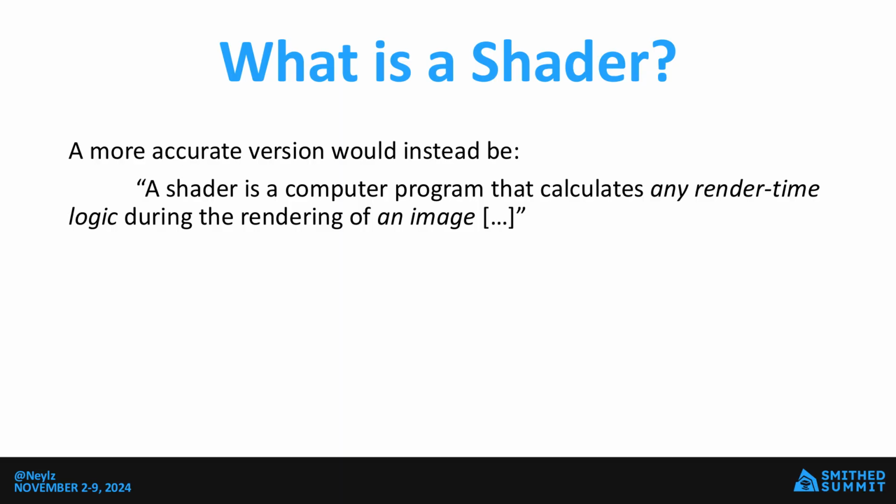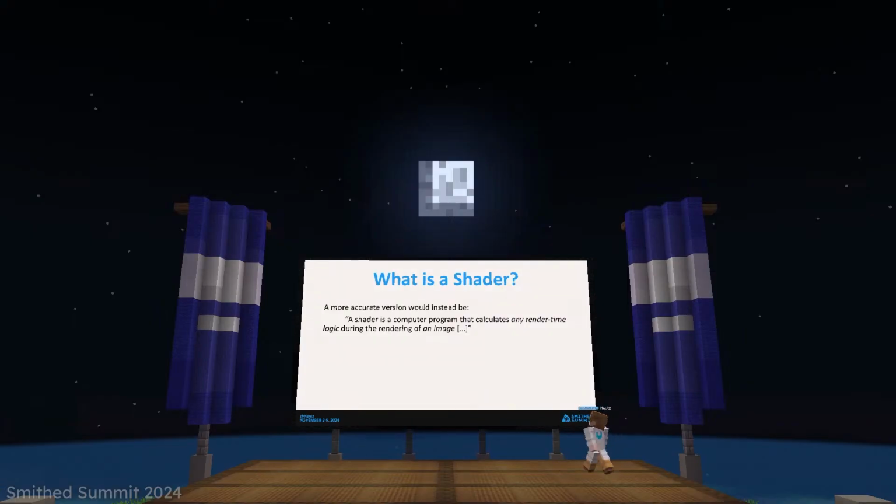And so I would replace this definition by instead: a shader is a computer program that calculates any render time logic during the rendering of an image. The difference between what Wikipedia suggests and this one is that a shader is just, generally speaking, a program which intervenes during the render to modify the result of an image.